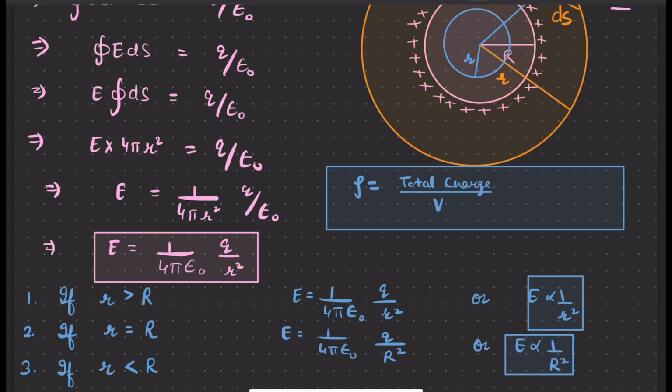So in this case we can say volume charge density rho is equal to, let's say the charge which is spread over the Gaussian sphere of radius small r is q dash, and the volume of this small sphere is 4 by 3 pi r cube. From here, the charge spread over the Gaussian sphere of radius small r, which is less than the radius of the solid sphere, is q dash equal to 4 by 3 pi r cube rho.